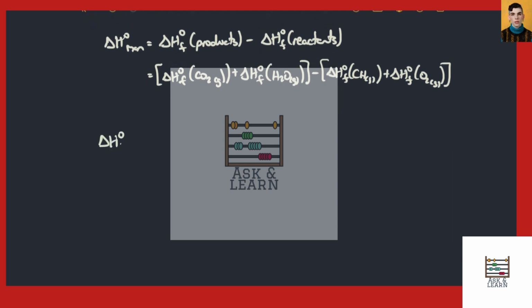The delta H naught formation of CO2 is equal to 21.83 grams, 44.0 grams in 1 mole. 1 mole of CO2 is minus 393.5 kilojoules.